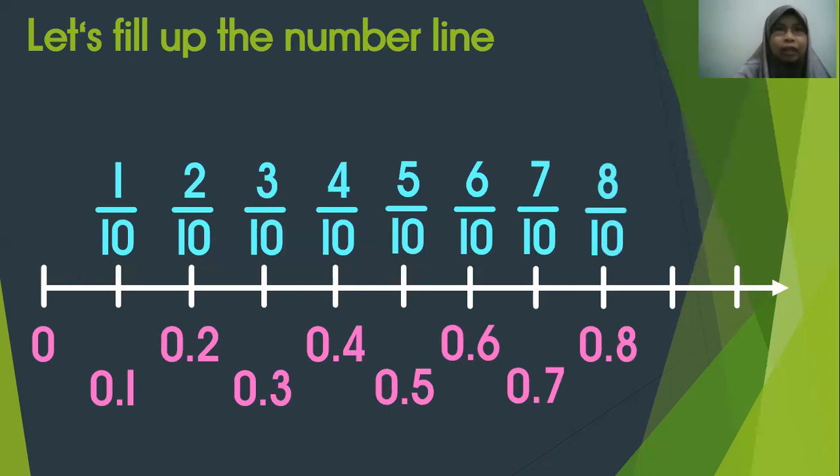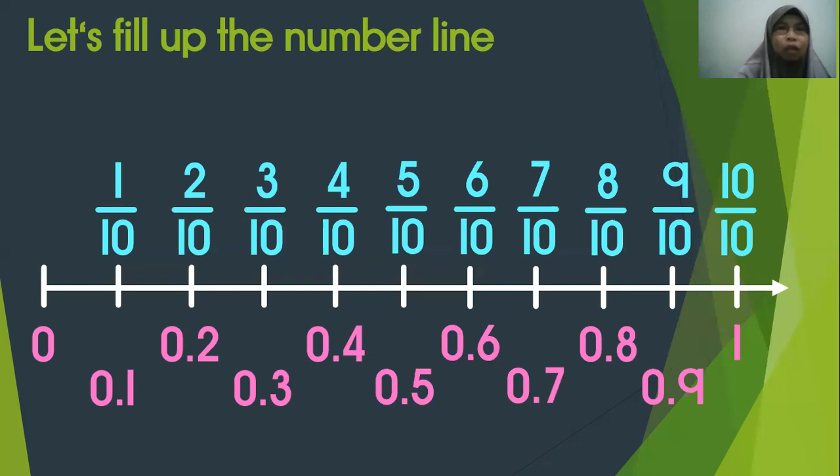Second last, 9 over 10, we say as 0.9. And the last one, 10 over 10, means that all parts we have colored, all parts shaded, so we write as 1. Okay, that's the relationship between fraction and decimal. That is how to convert fraction into decimals.